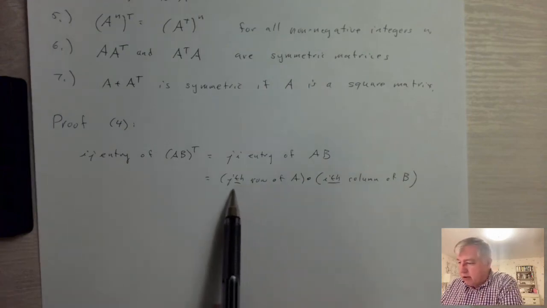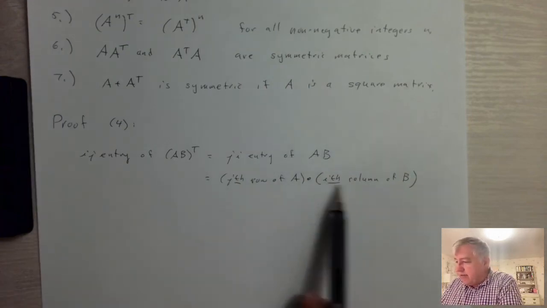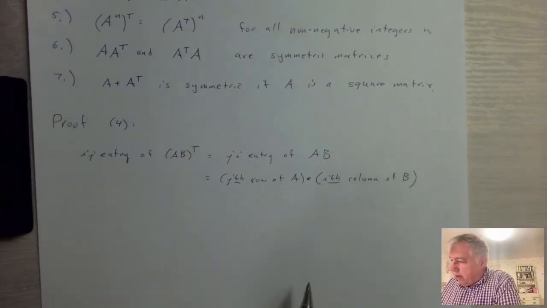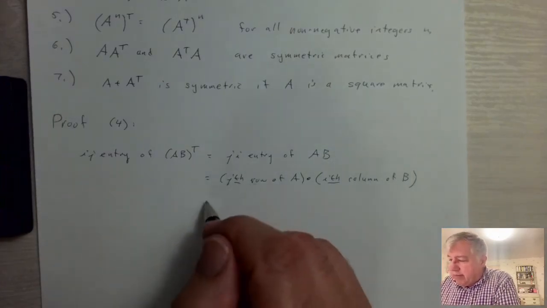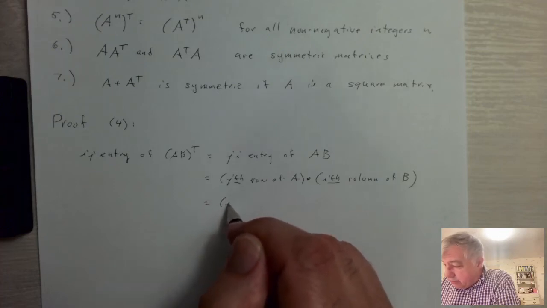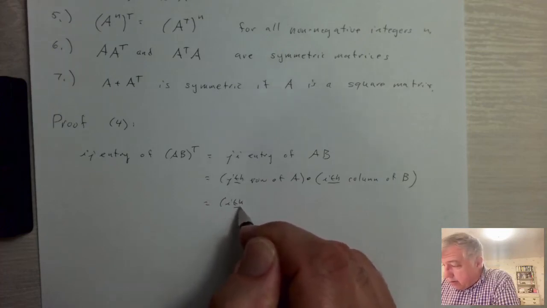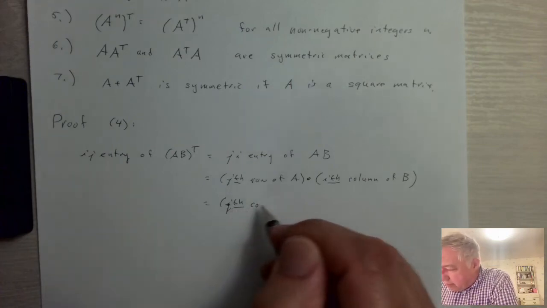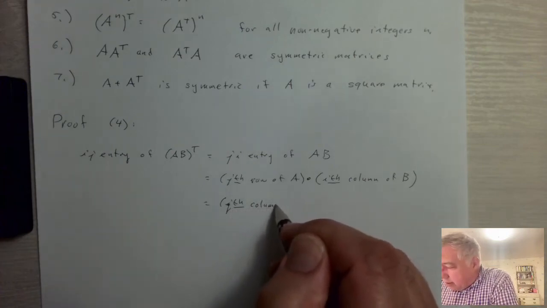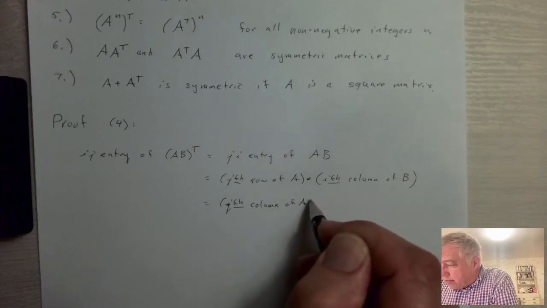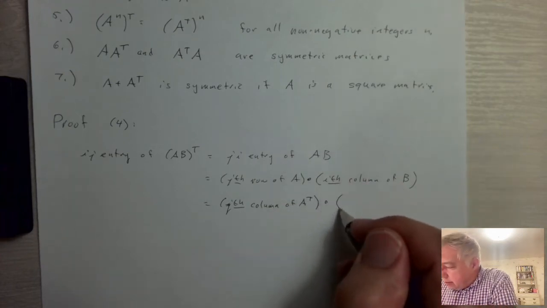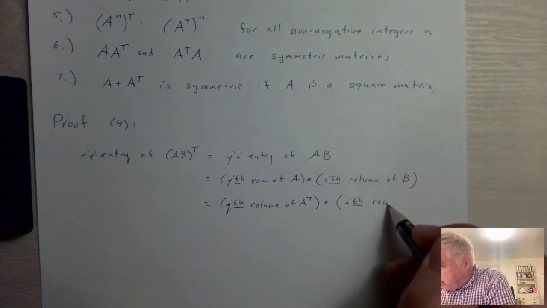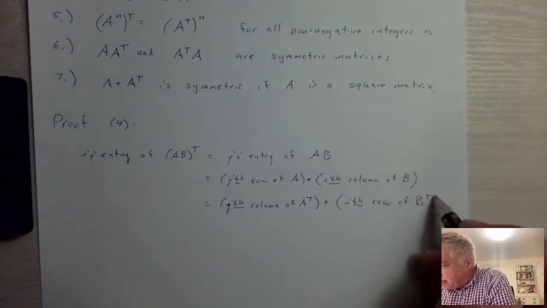This is the dot product, because after all, this is a vector, this is a vector, and this is a vector. Now the jth row of A is going to be the jth column of A transpose, and the ith column of B is the ith row of B transpose.